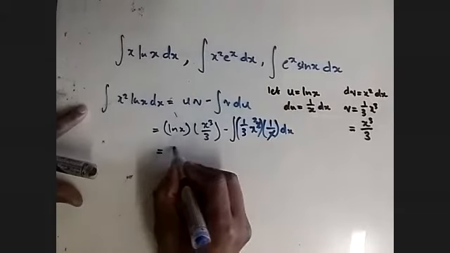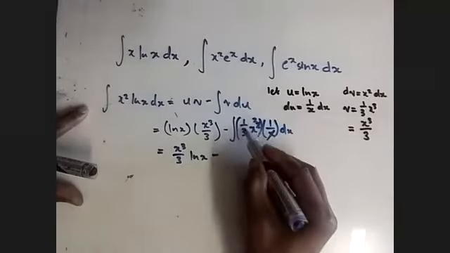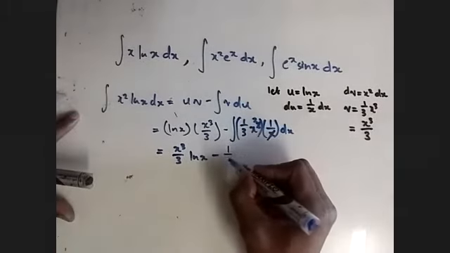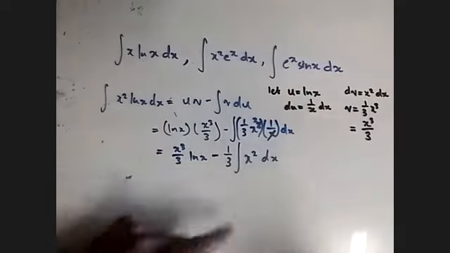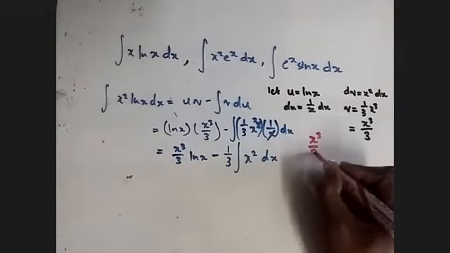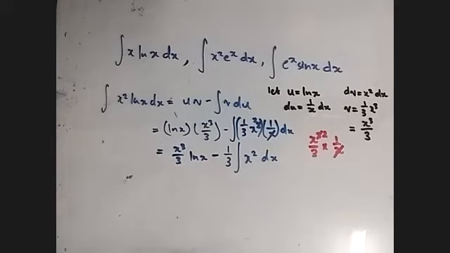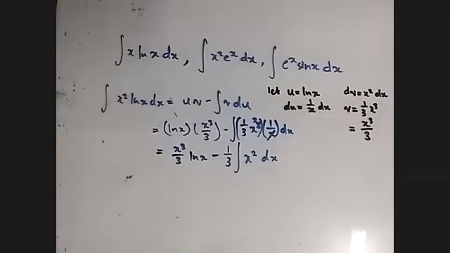Then we're going to have this as x cubed over 3 ln x minus, we take out this constant 1/3, we have x squared dx. Because remembering that we had a term x cubed all over 3 multiplied by 1/x, this just gave us x squared all over 3, but since the 1/3 is taken out.